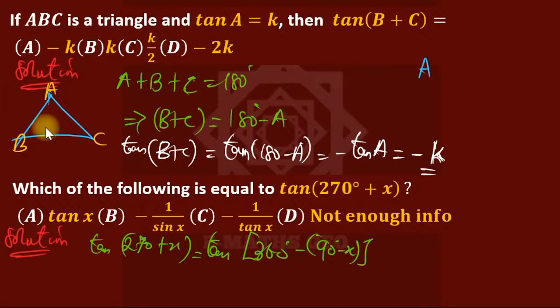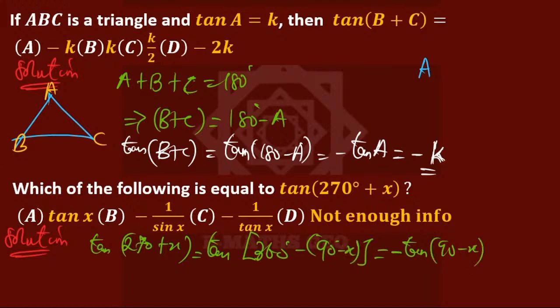So let's check. Open up: 360 minus 90 is 270. Minus times minus is plus. We are still correct. Now, you can see this is a fourth quadrant angle, 360 minus, and tan is negative there. So this is just minus tan (90 minus x).